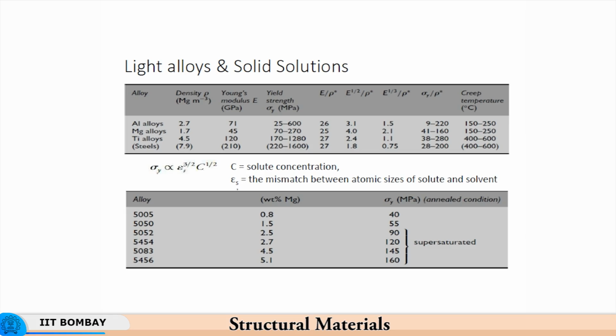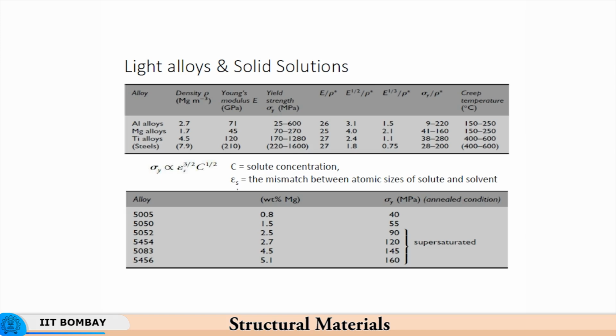Now you see that the light alloys have a certain density, and then the Young's modulus, and the ratios of different criteria based on which one can compare these alloys have been given here. This is from Professor Ashby's work from Cambridge, and so here you have these ratios.